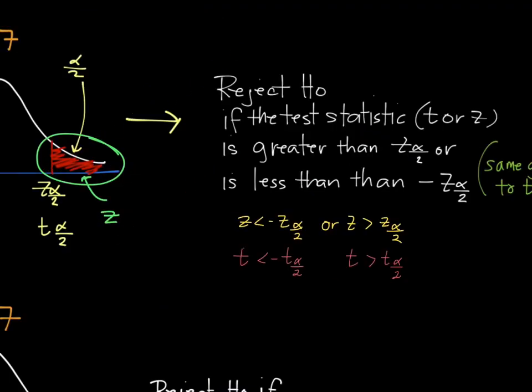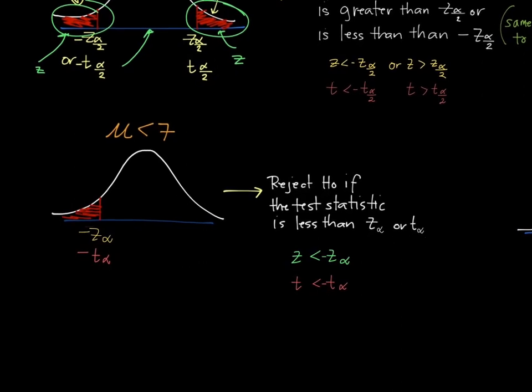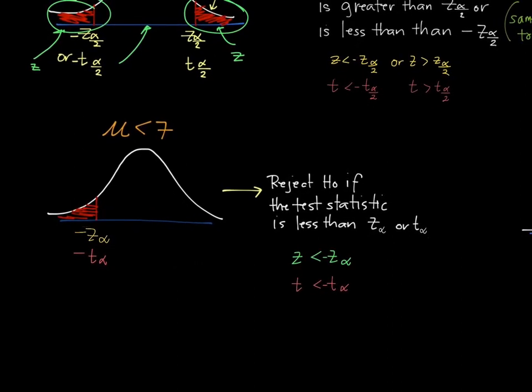In the case of the one-sided test, if the critical region is on the left, then that means we reject the H0 if the test statistic is less than, to be exact, the negative of the z of alpha or the t of alpha.